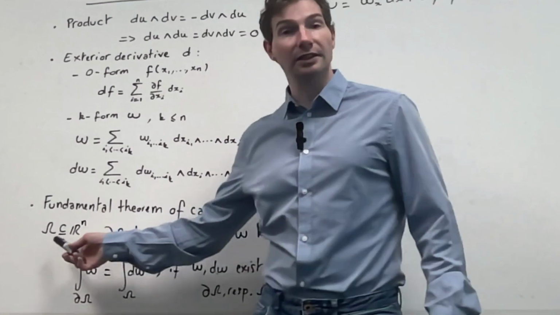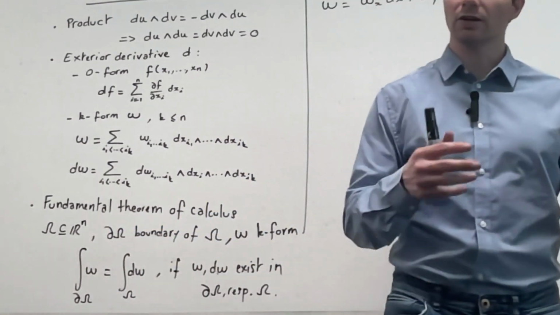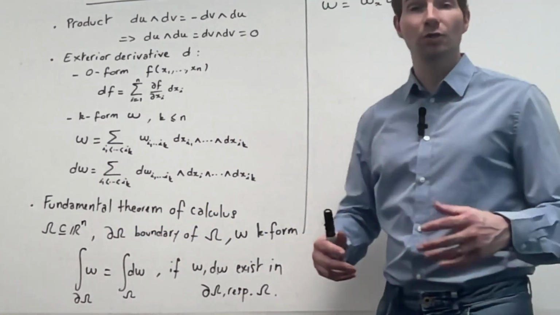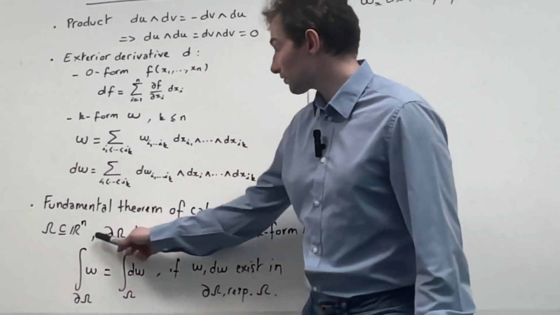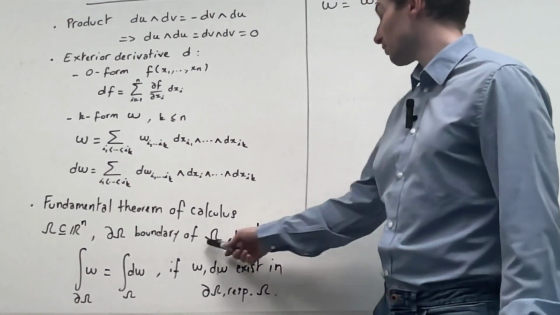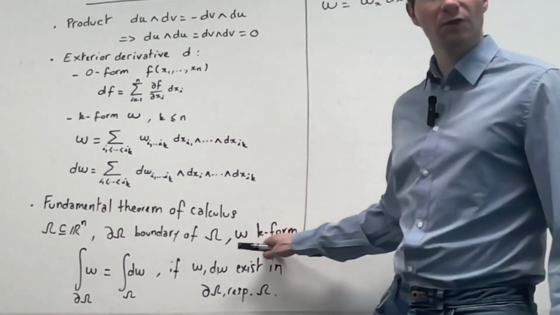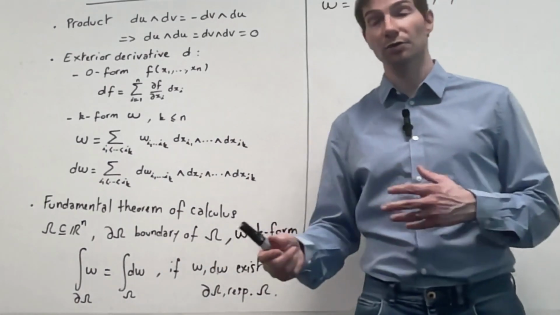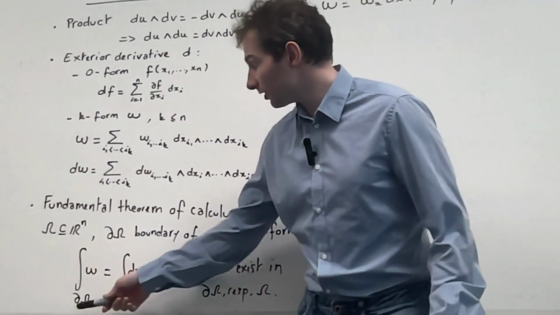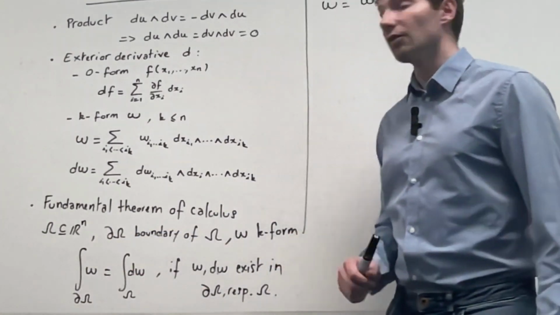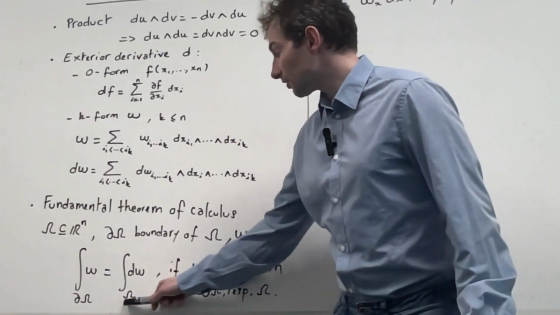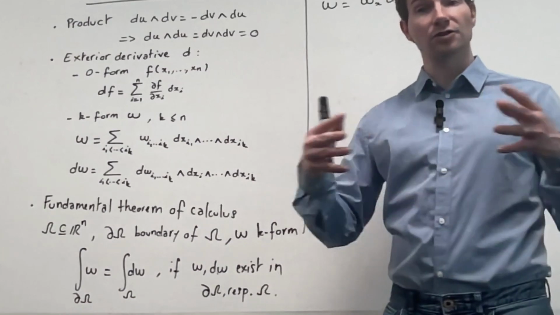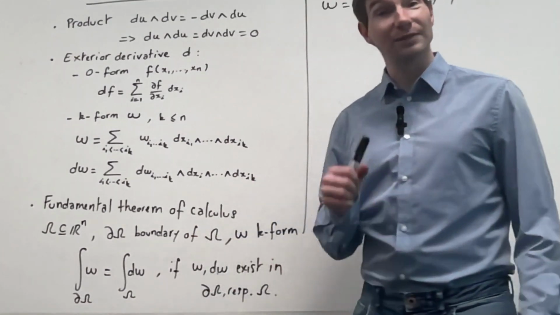If you take any subdomain of Rn, it doesn't need to be a three-dimensional domain, as we are going to see in a minute, and we've got the boundary of omega, d omega, where omega is a k-form with k less than or equal to n, then we can write that the integral of omega over the boundary d omega is equal to the integral over the domain omega itself of d omega.